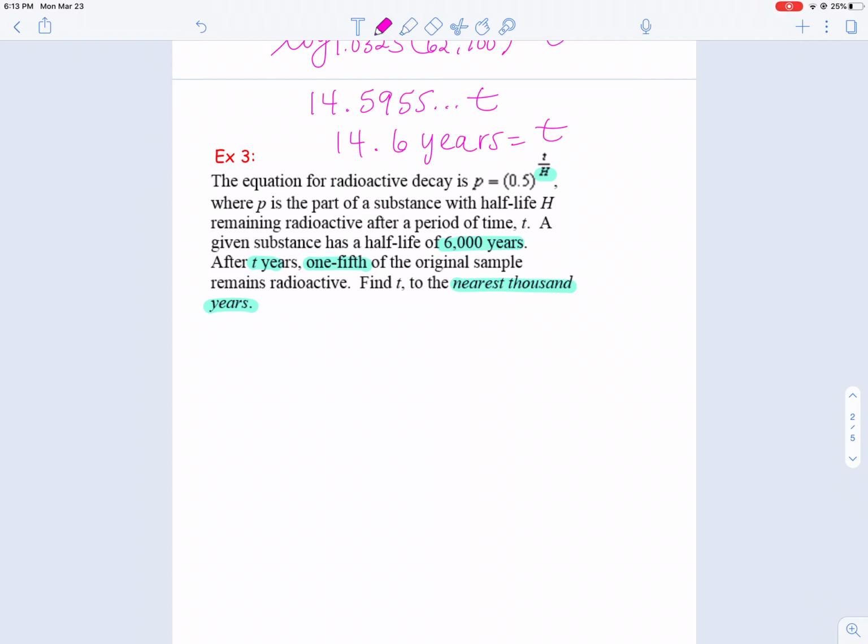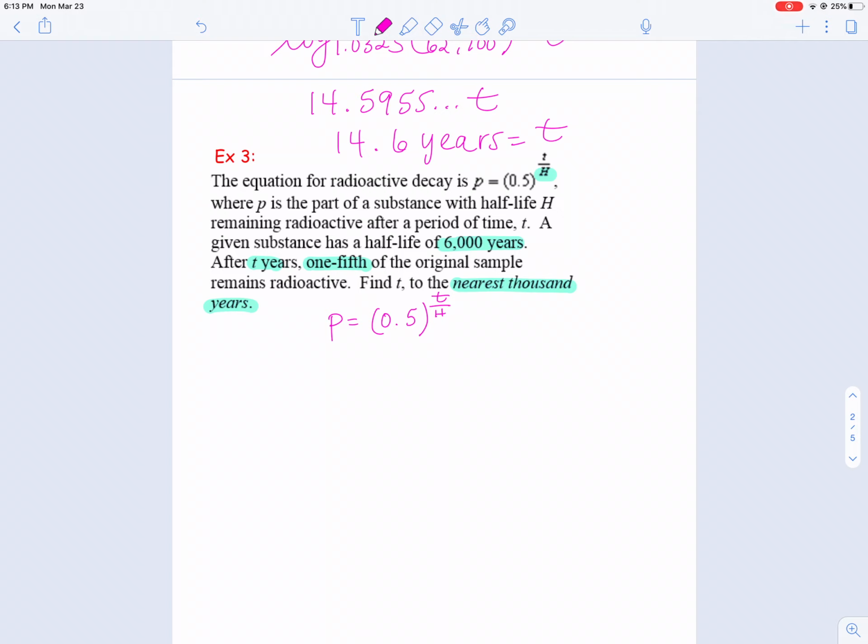Okay, so let's talk about this formula. If P equals, we could use a half or 0.5. I'll use 0.5 like they do in the formula. And they give you T divided by H. Okay, so they want to know where P is part of the substance with the half-life. Well, here's what you know.